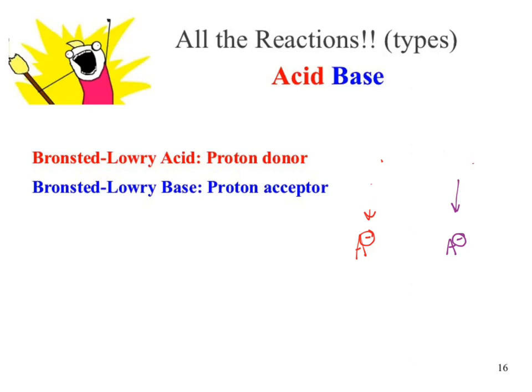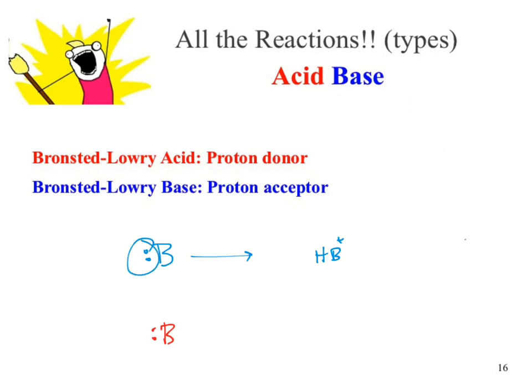So what happens if we now switch to a base? What should we be evaluating? The conjugate acid? I could theoretically look at the conjugate acid, but we already have the base. We already have the charge. I already have in the base the electrons to evaluate.